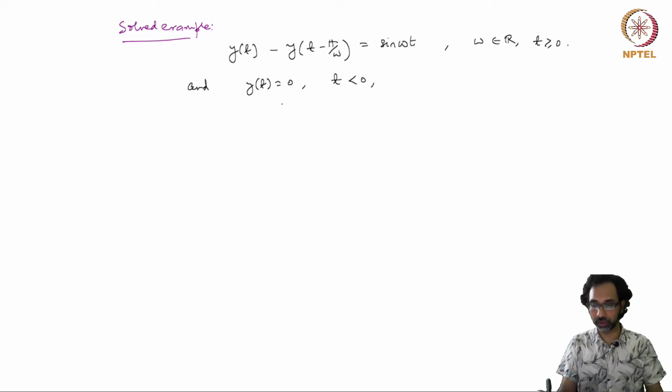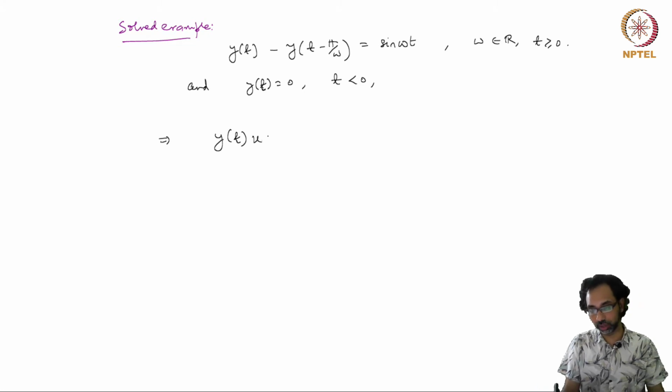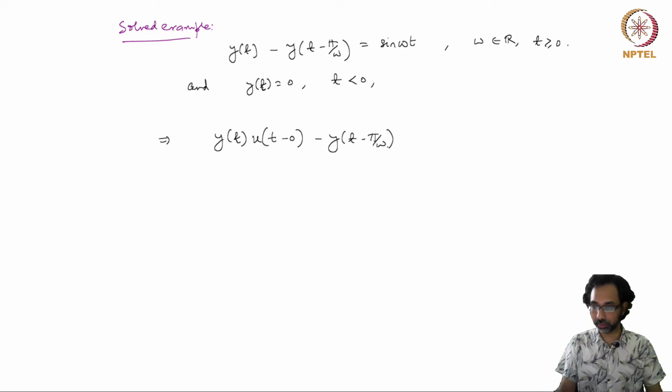So in order to find the Laplace transform of this equation, we can write this as y(t) u(t - 0), where u is the Heaviside step function, minus y(t - pi/omega) u(t - pi/omega) equals sine omega t.